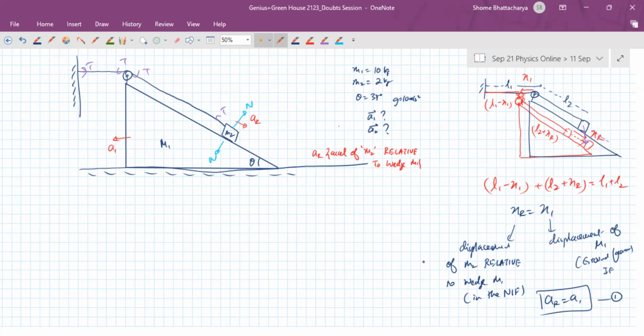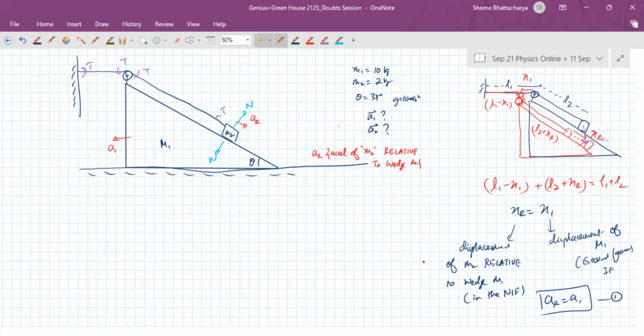Sir, I can send you the photo. Maybe I have got it wrong or they've got it wrong. They have expressed small x as capital X cos theta, all that is fine. But ultimately, the result that they'll get in the constraint relation is that small x is equal to capital X only.